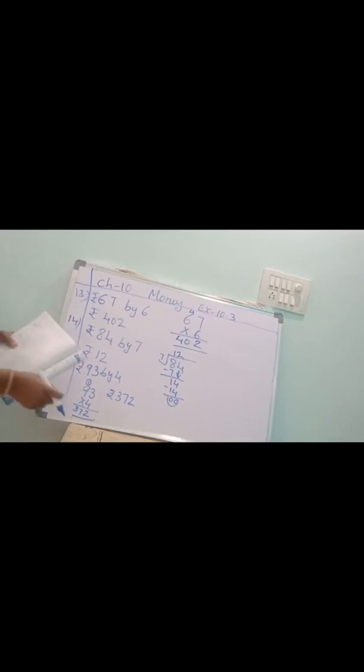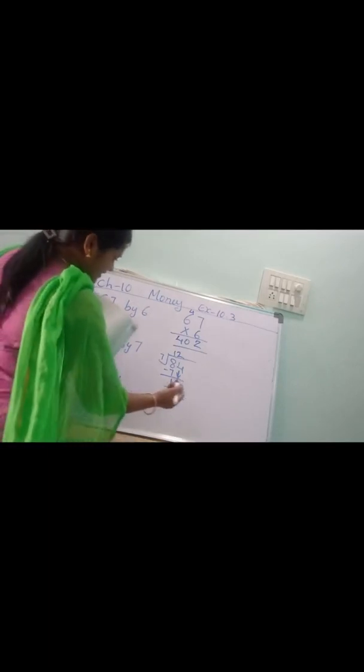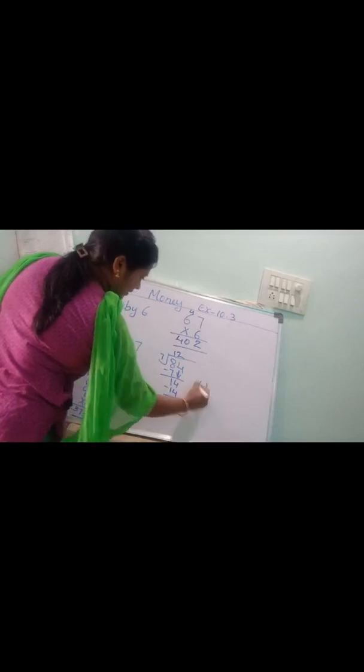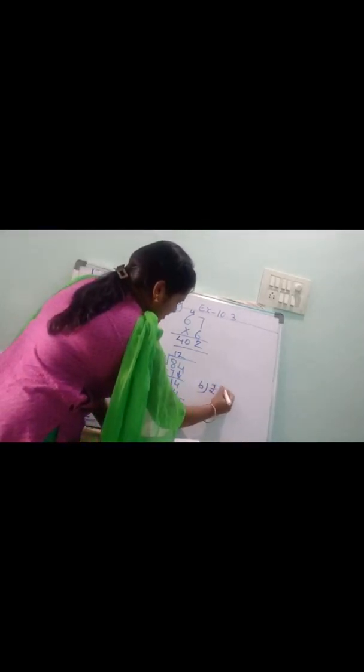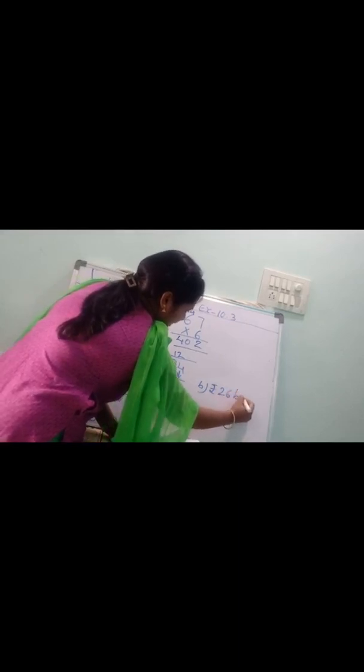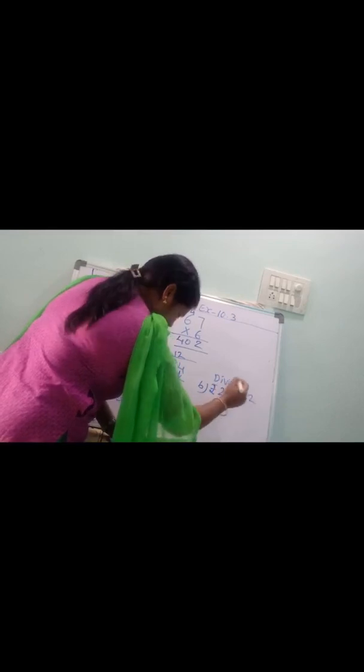Next, B question. What is the B question? 26. Division you should do. As this is A1, now B1. 26 by 2 rupees. Division method.